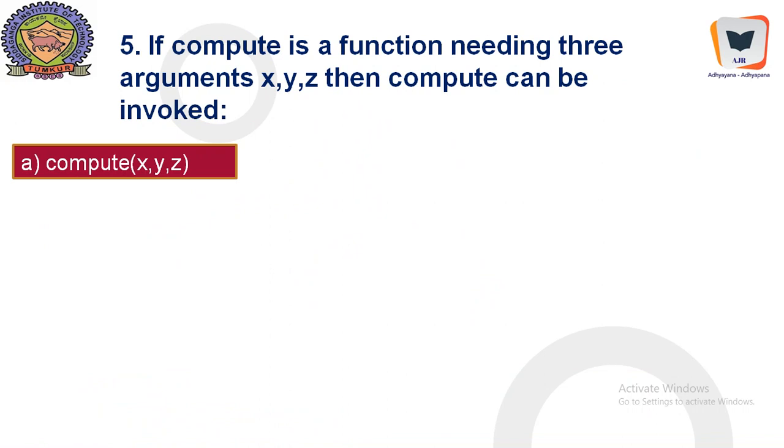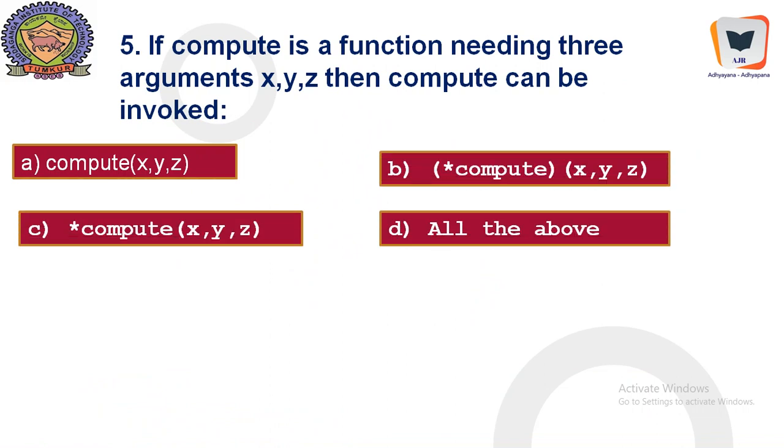If compute is a function needing 3 arguments x, y, z, then compute can be invoked as compute(x,y,z), (*compute)(x,y,z), and all the above. Actually it can be invoked like this and like this.